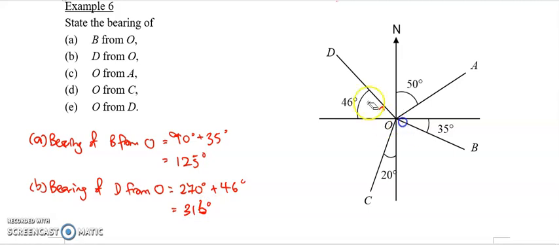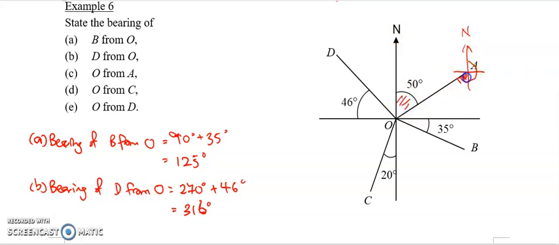Next, in part C, bearing of O from A. The reference point has shifted to point A, so we have to put our north at A. So we rotate. We're supposed to find this angle. Using alternate angles, we can tell we have 50.